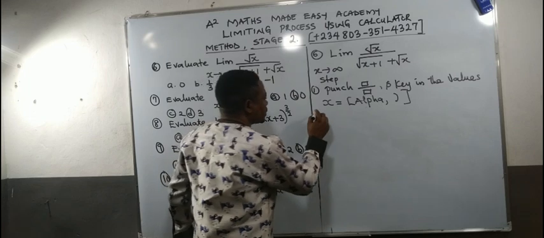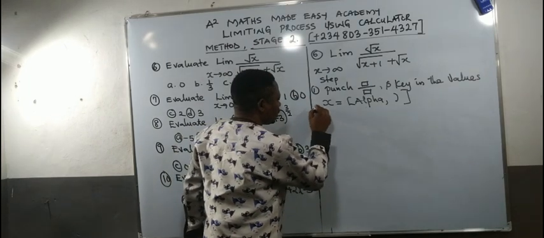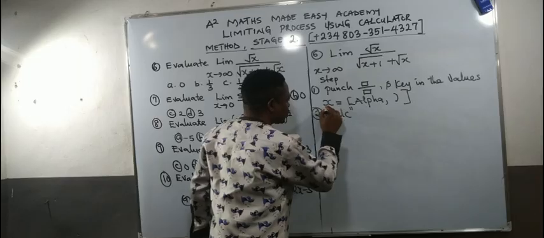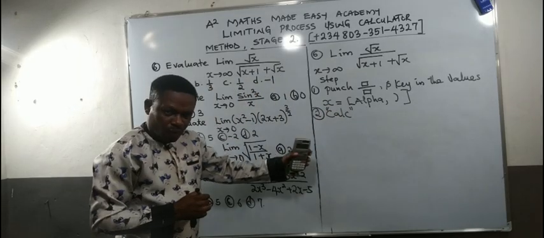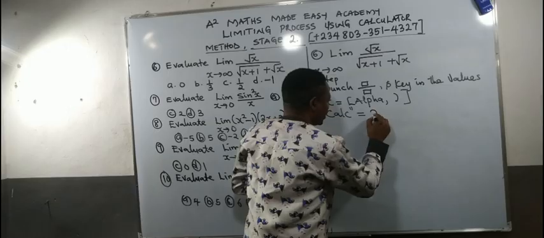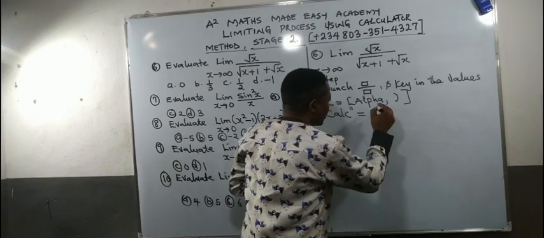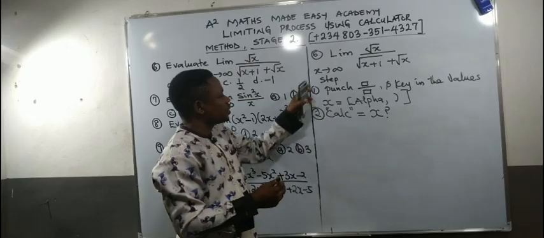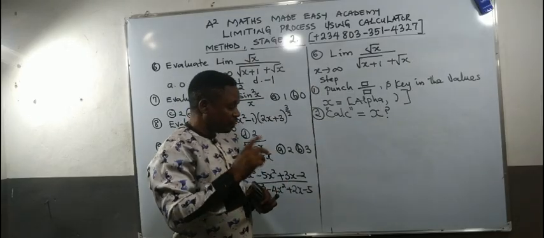Then the second step, watch, is to observe this, and that is called calc. You will punch calc. And once you punch calc, this thing will appear: X question mark. Then you now know what x tends to. Here x tends to infinity.